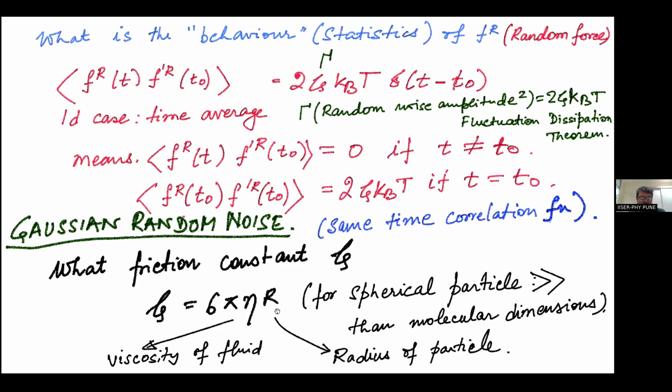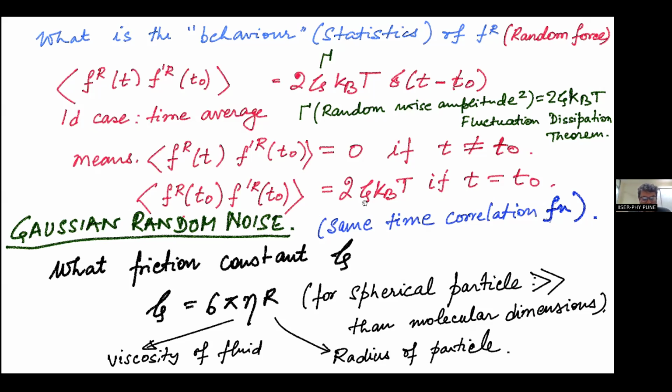That holds true if the spherical particle is much larger than the molecular dimensions. The massive sphere you drop in a column of liquid is obviously of the order of 2 to 5 millimeters, a massive particle compared to molecular dimensions. And then 6 pi eta r holds.